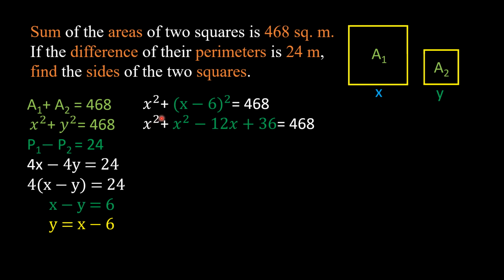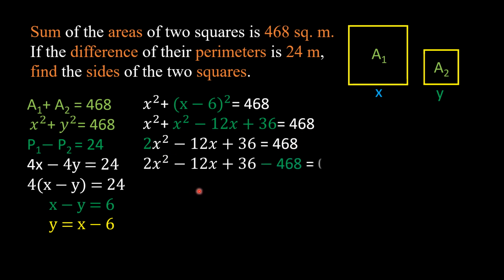Now x square plus x square will be 2x square. We will take this 468 to the left hand side and write minus 468 equals 0. It gives us 2x squared minus 12x plus 36 minus 468 is minus 432.